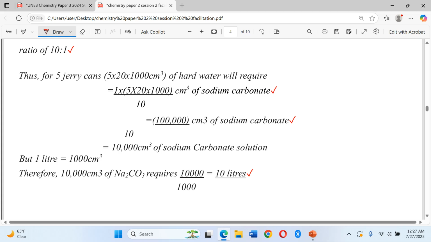This 10 is supposed to be down here, so make sure that you put it there, so that when you have 100,000 divided by 10, then you're able to get 10,000 cubic centimeters of sodium carbonate solution. I think that is very clear.